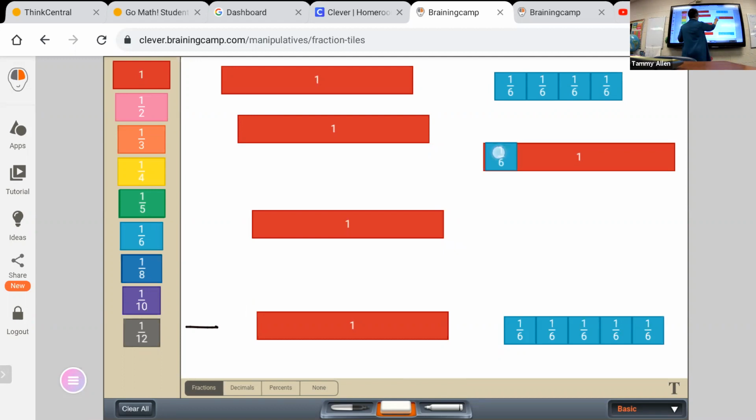Why don't I put 5 fifths in there? 5 fifths would give me the whole thing, but I'm subtracting sixths, so I'm already working with sixths. I wouldn't put fifths in there because then I'd have a mess.